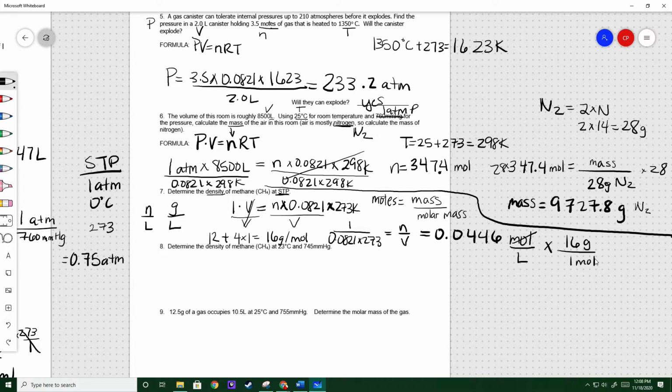That would cancel my moles and it'd be grams over liters. So I would multiply 0.0446 by 16, and now my density ends up being 0.71 grams per liter. And I can leave it like that.